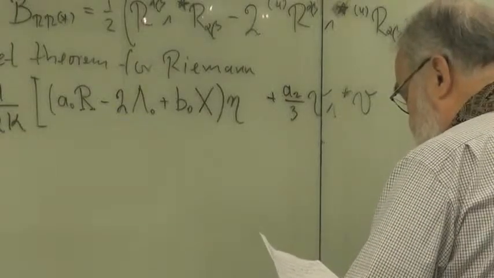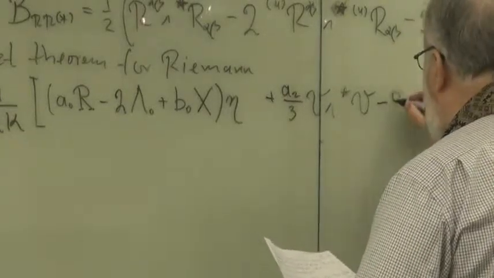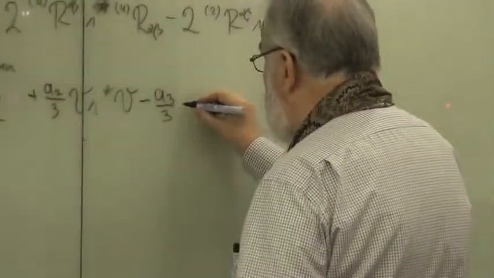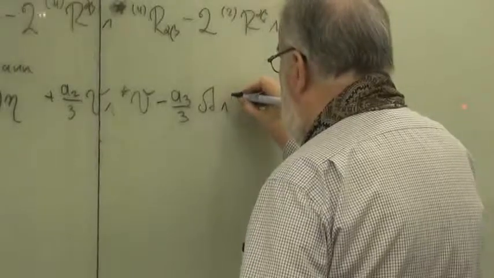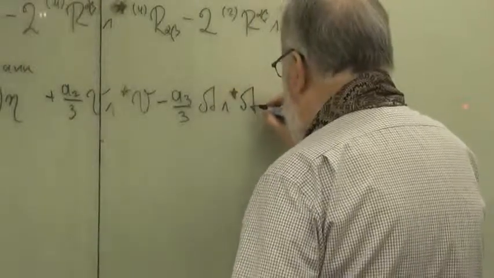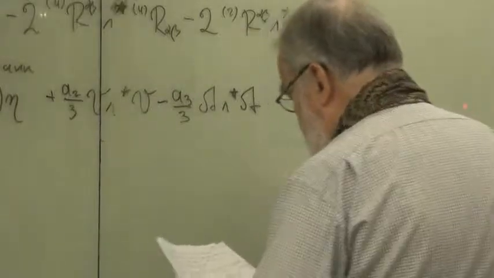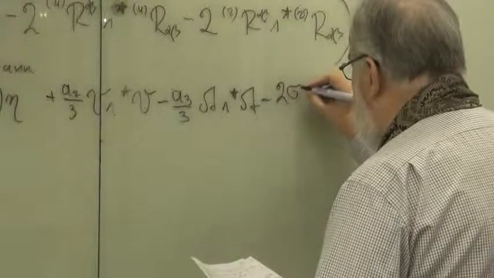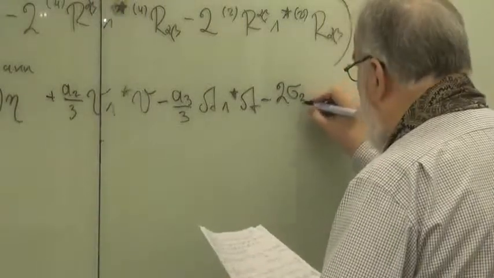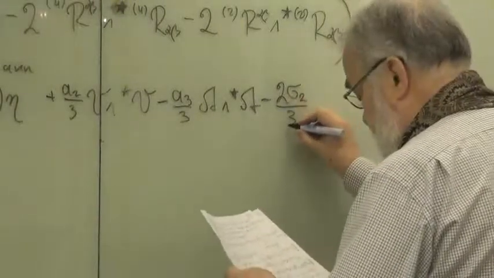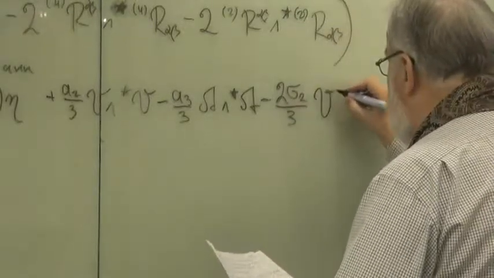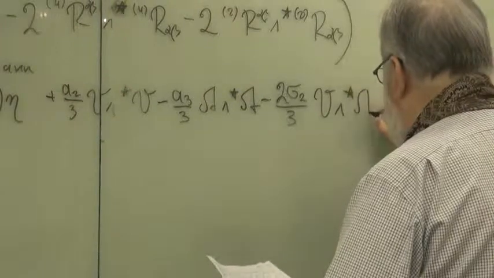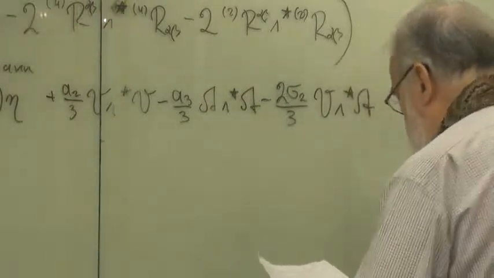We defined it, the vector piece of the torsion, minus A3 over 3 times the axial torsion A, star A, and then we have one mixed piece minus parity odd sigma 2 over 3 times the vector piece with the Hodge dual of the axial vector piece, so it's parity odd.